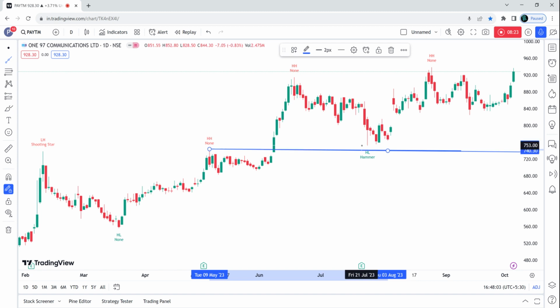Here, the first sign was that the long lower shadow indicated that it is attracting some buying support over here. So there was a buying interest in Paytm at that level. But then for 3 days there was some small selling. The three bearish days were there, but after that there was a bullish engulfing.